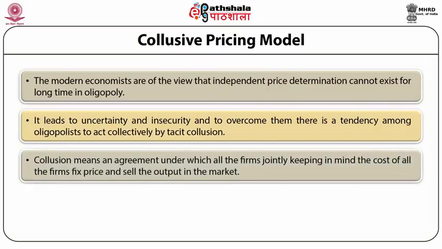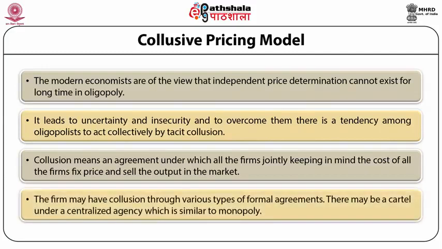Collusion means an agreement under which all the firms jointly, keeping in mind the cost of all the firms, fix prices and sell the output in the market. The firms may have collusion through various types of formal agreements. There may be a cartel under a centralized agency, which is similar to monopoly.